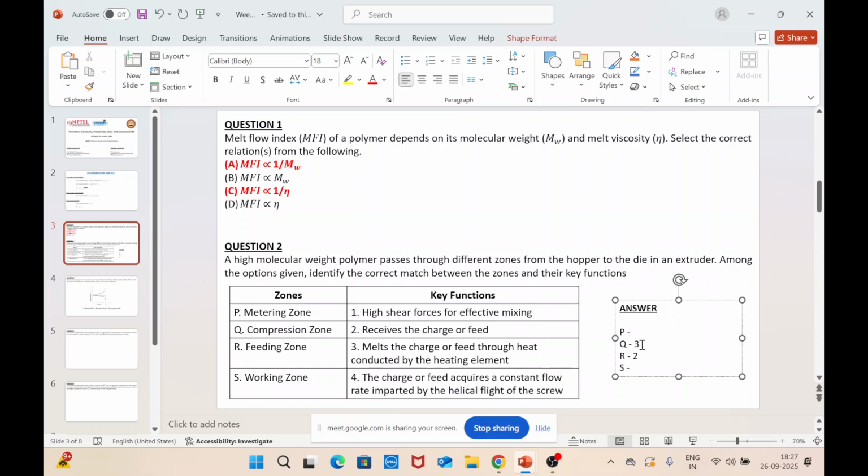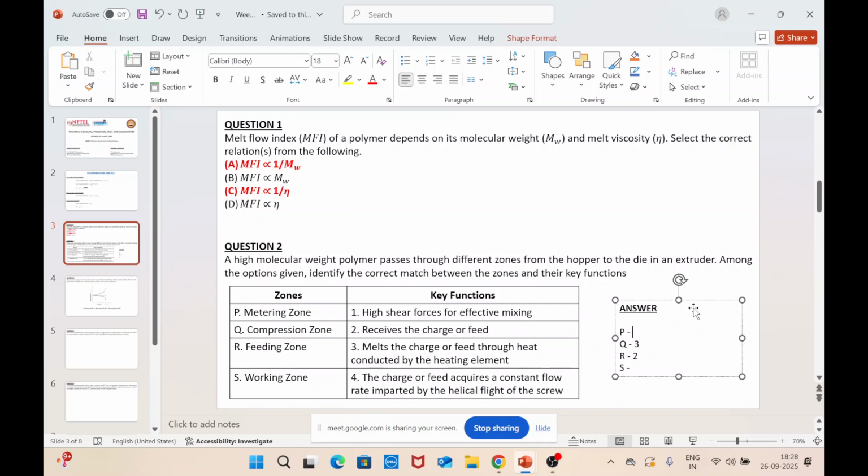Is it fine, or can it be also something else? So it is 3, melts the charge of feed through heat conducted by the heating element.